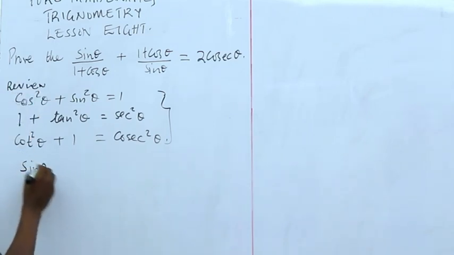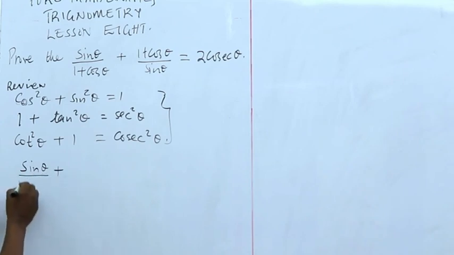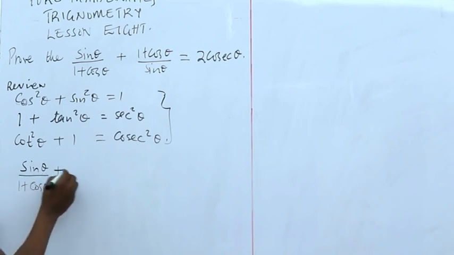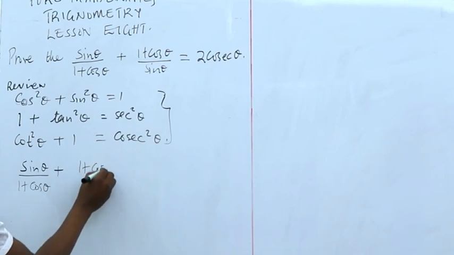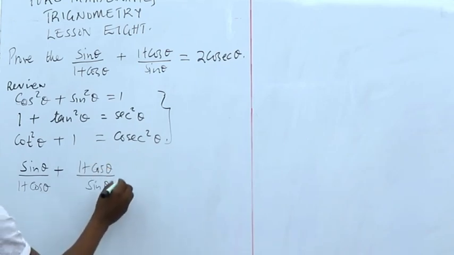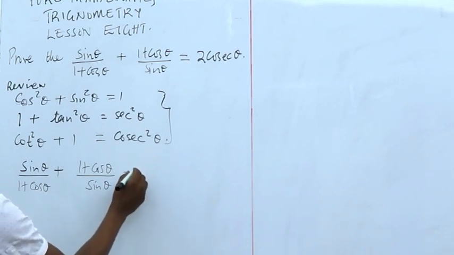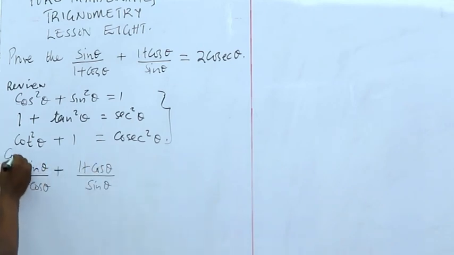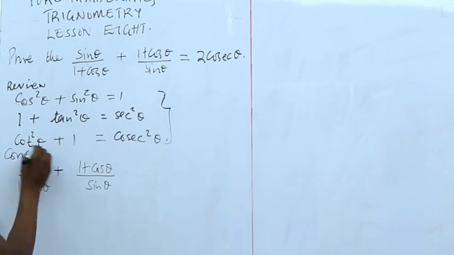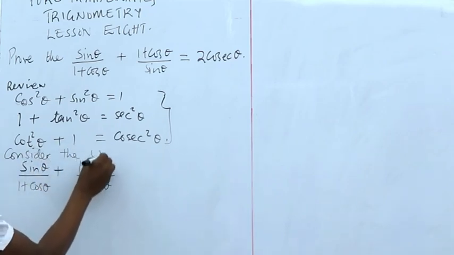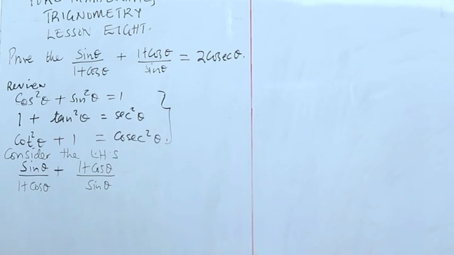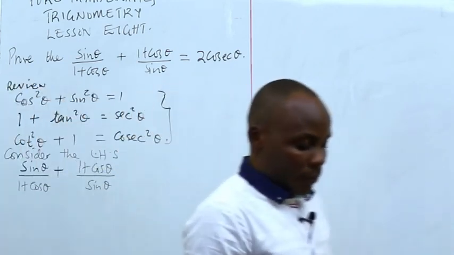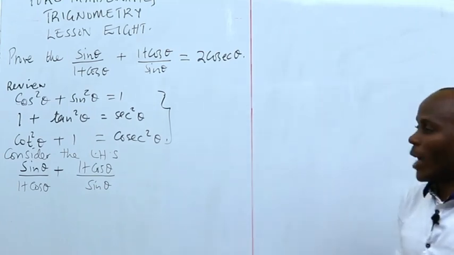We have sine theta over 1 plus cos theta, plus 1 plus cos theta over sine theta. This one is equal to, now if I consider the left hand side, remember I said when it is a proof, we can prove either side.